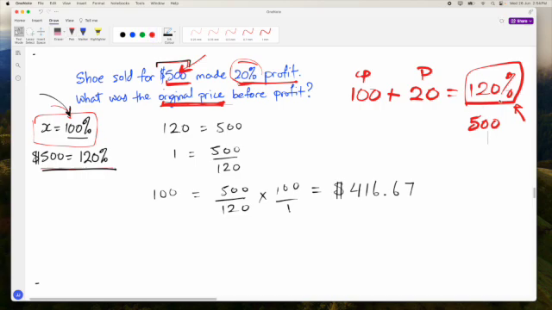So that is 120% at $500. So 120% represents $500, and so we could find for 1% being 500 over 120, and then we could find for 100% being 500 over 120 multiplied by 100 to give us $416.67.